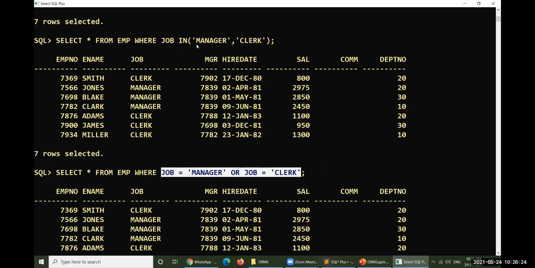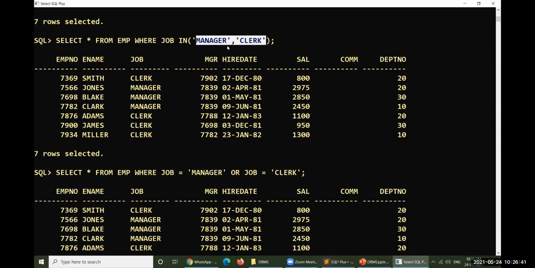So here, in job in manager, comma, analyst, comma, clerk, if you write something like that, directly the data will be displayed without taking much time. How many values you operate here doesn't matter. If the particular value is there within the given list, then it will be displayed. Otherwise, it will be omitted. In such a way, performance tuning also gets increased.